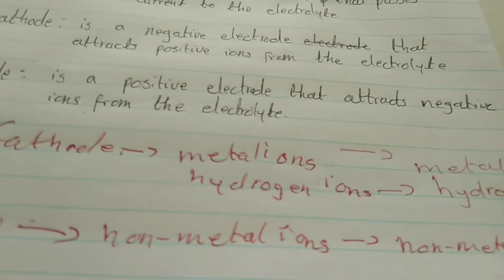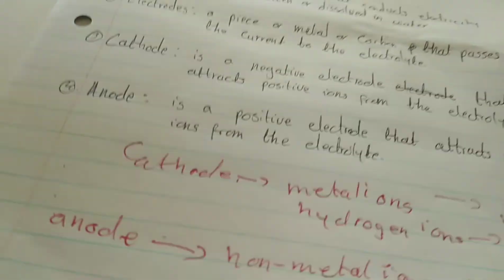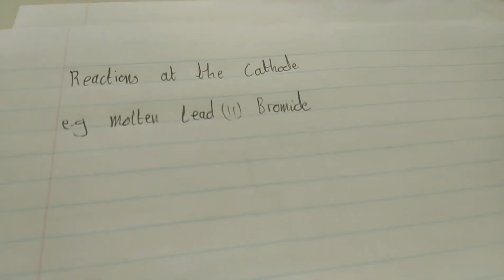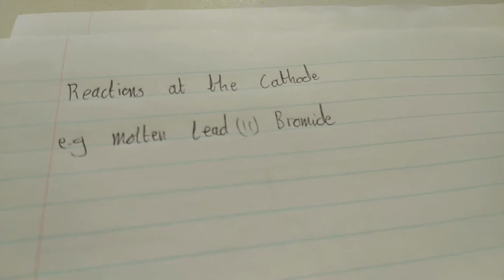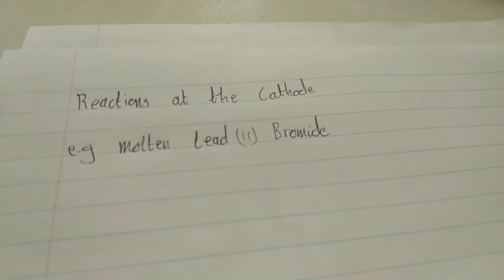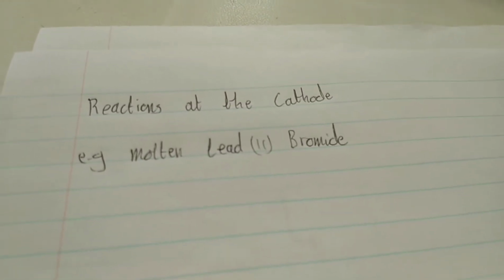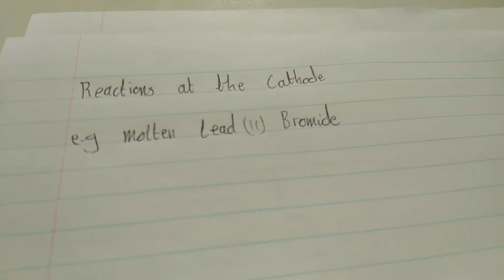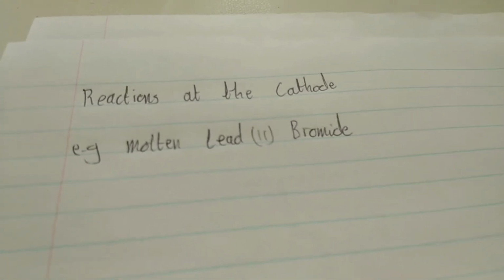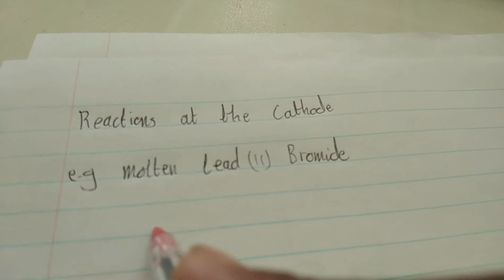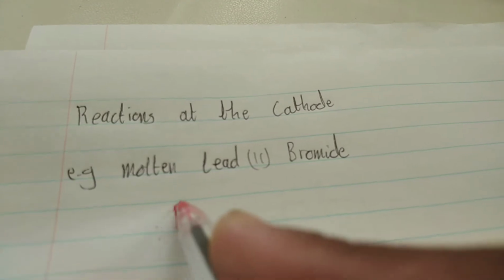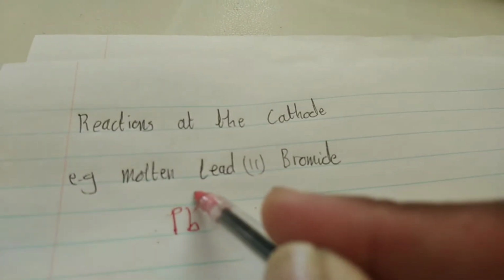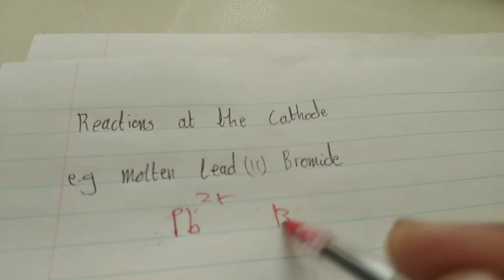So we can take an example of molten lead-2 bromide. Let's look at the reaction that takes place under molten lead-2 bromide. One thing that you have to note is that when you say the substance is molten, we mean that the ions present in the electrolyte are the lead-2 and the bromide.